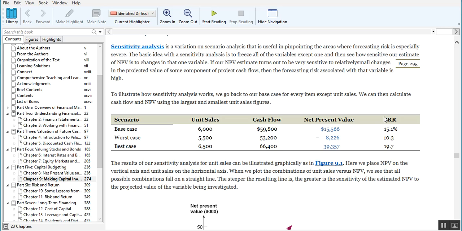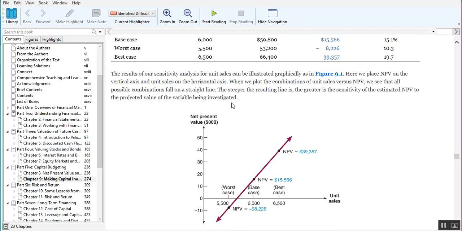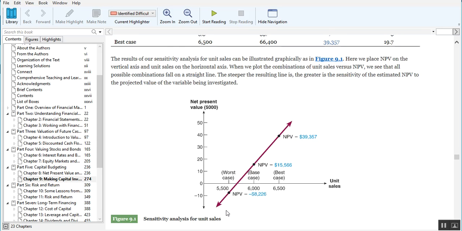So again, you're looking at this basically to find out where the sensitivity is. Now, if we do the sensitivity analysis and graphically put this out and show these items on a graph, we'll see the best case scenario is way up here at 39,357 net present value. Base case here, and worst case is negative 8,226.